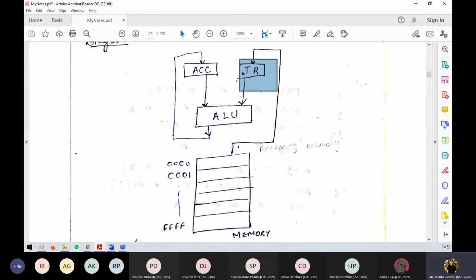If it is in the temporary register, directly you can add. If it is from memory, first you have to fetch it. First, the address will be generated by the ALU. So you have to fetch that data. The first cycle will be done. The temporary register will hold the address of memory and this data will be fetched at the temporary register and then it will go to the ALU.